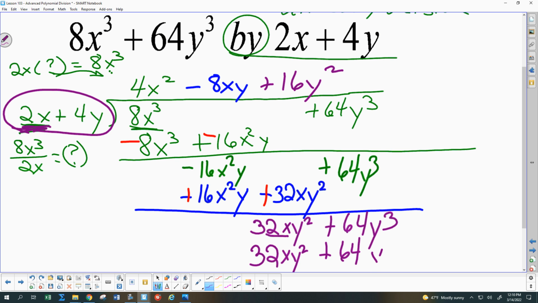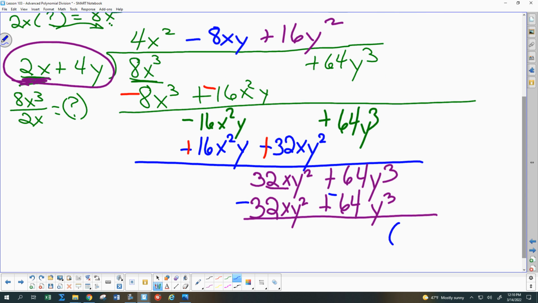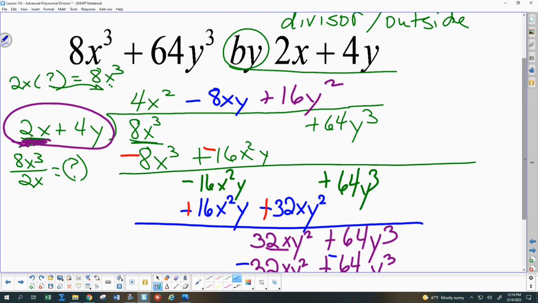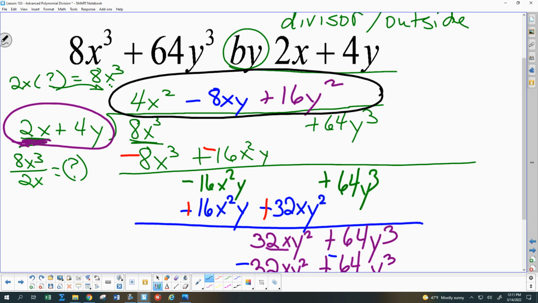And y times y squared is y cubed. And then if I subtract that whole row, I have this nice little remainder of 0. So I know that my quotient came out with no remainder, 4x squared minus 8xy plus 16y squared.